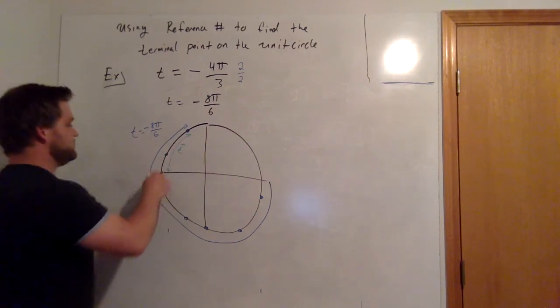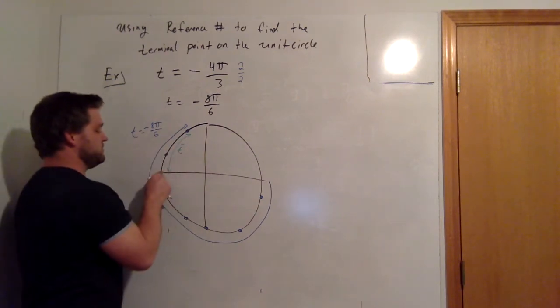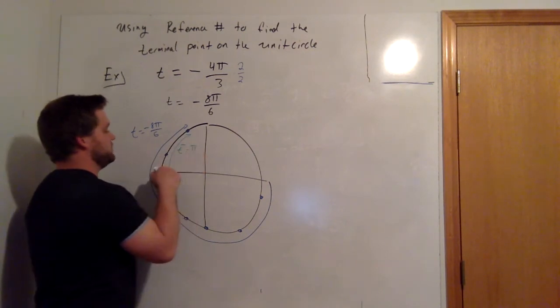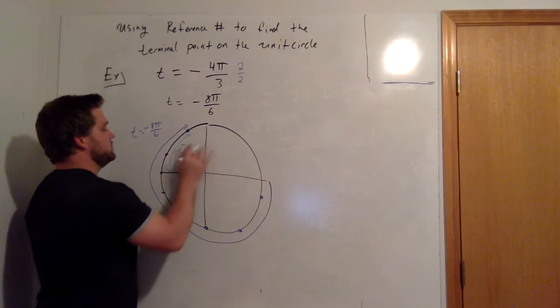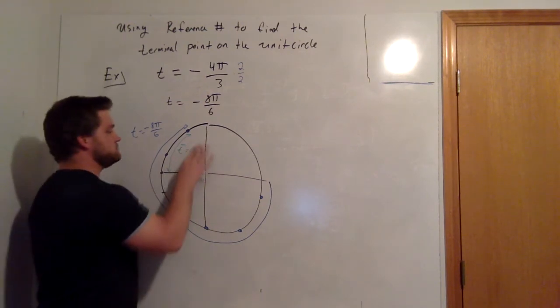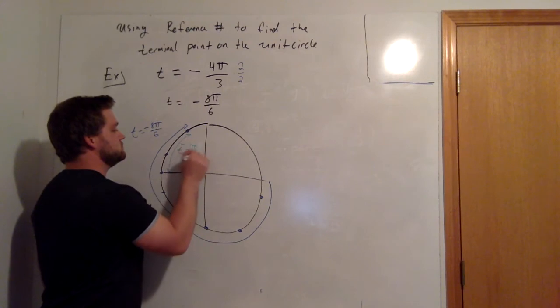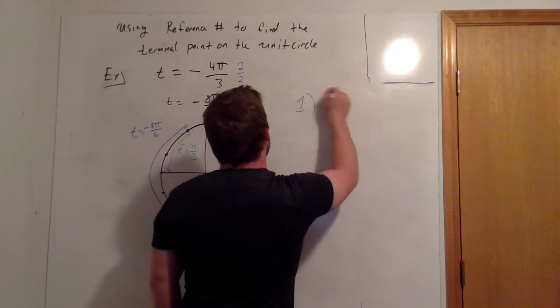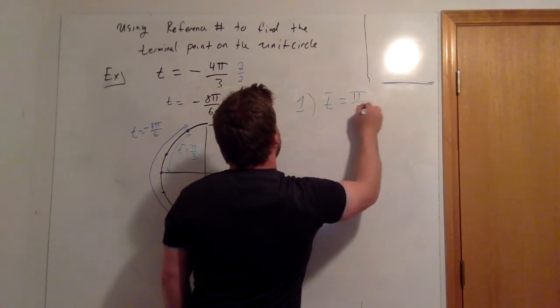In this case, notice it's 2 increments of pi over 6 if I'm counting from here. So this will be 2 pi's over 6, or pi over 3. So to answer our first question, t bar will be equal to pi over 3.